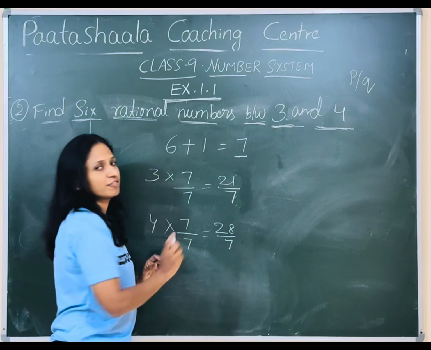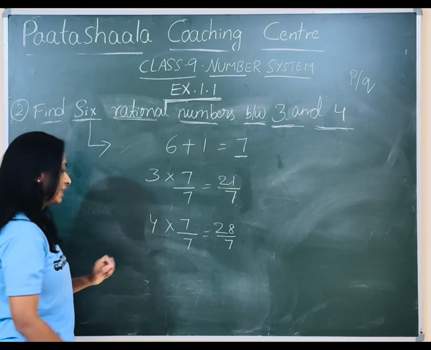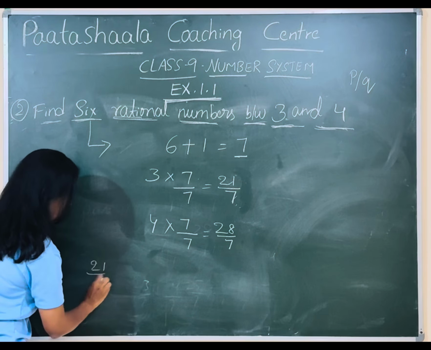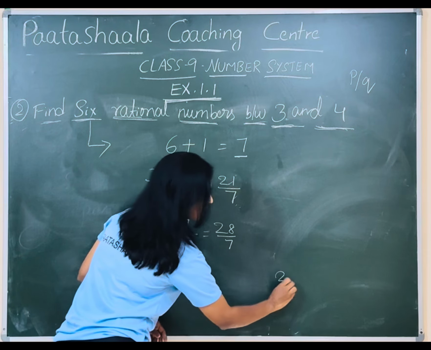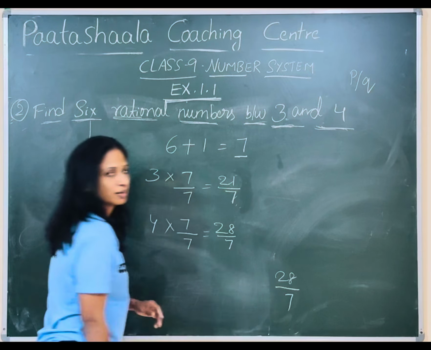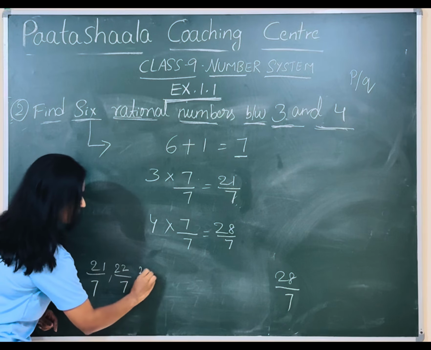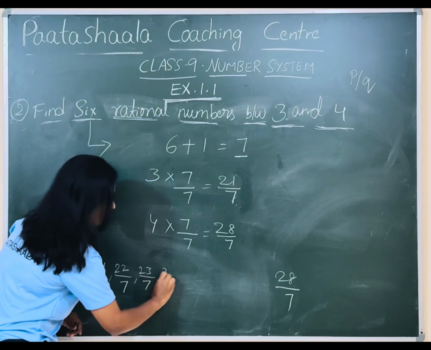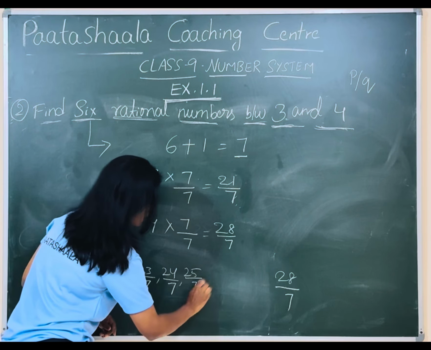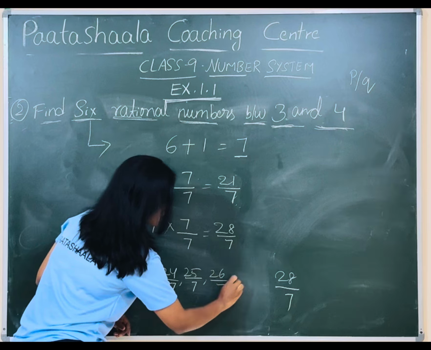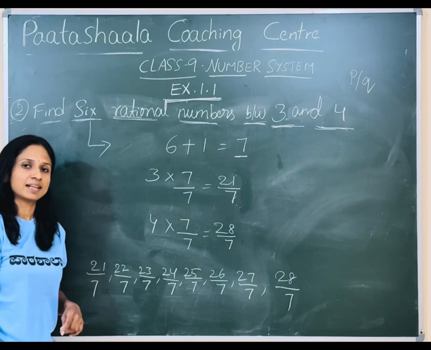So now we can easily find the rational numbers between 21 by 7 and 28 by 7. The first number will be 21 by 7 and the last will be 28 by 7. So what are the numbers we will get? 22 by 7, 23 by 7, 24 by 7, 25 by 7, 26 by 7, 27 by 7 and 28 by 7.